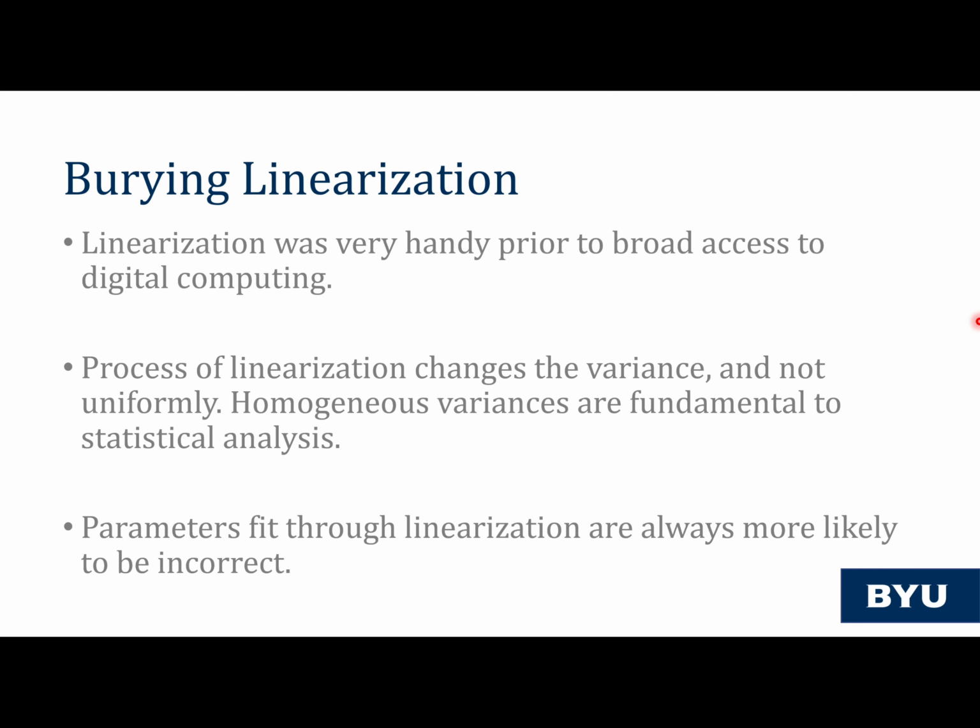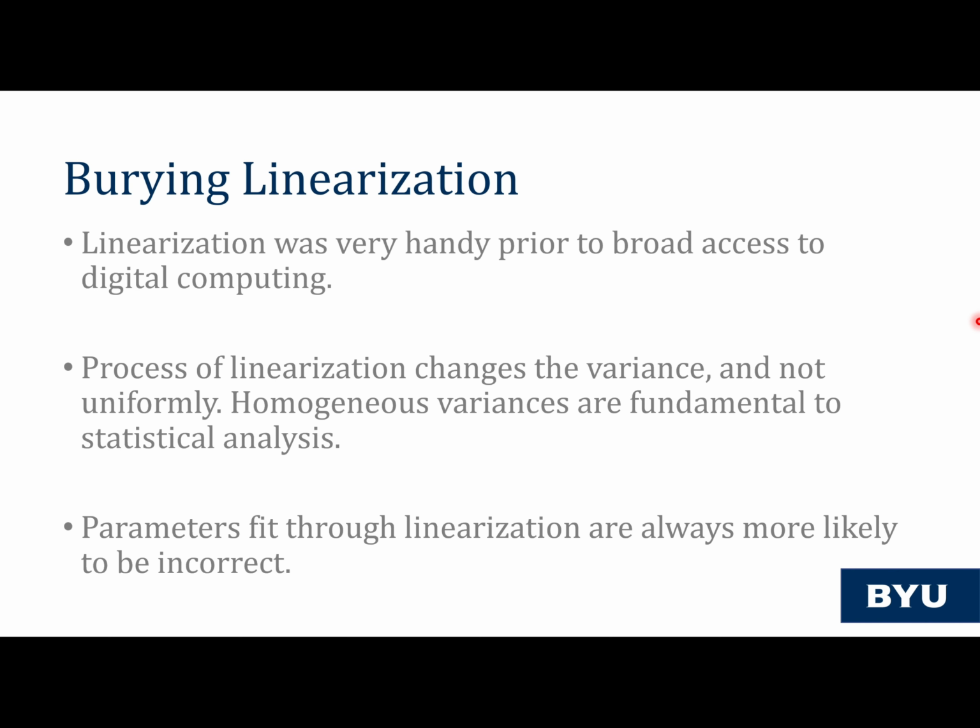So why did we linearize? Like I said, it was very handy prior to broad access to digital computing, but now we have that. And the reason why it changes your data is because when you linearize, you're changing the variance, and not uniformly.